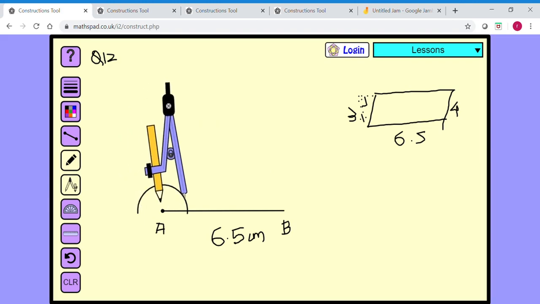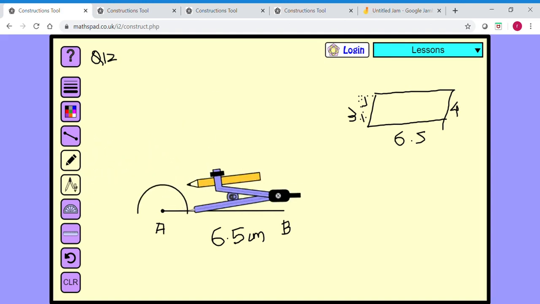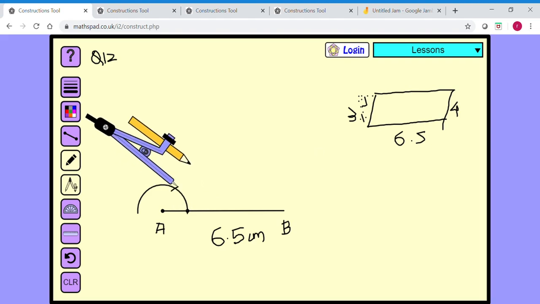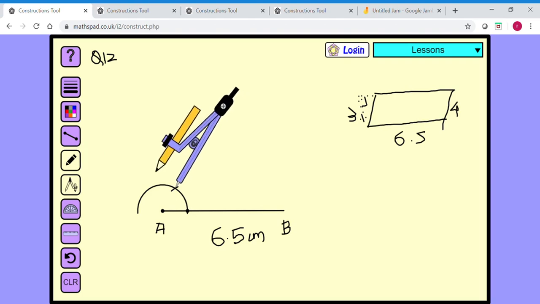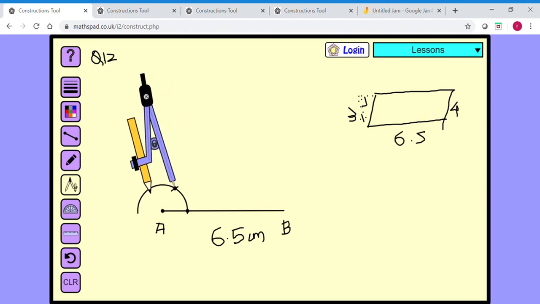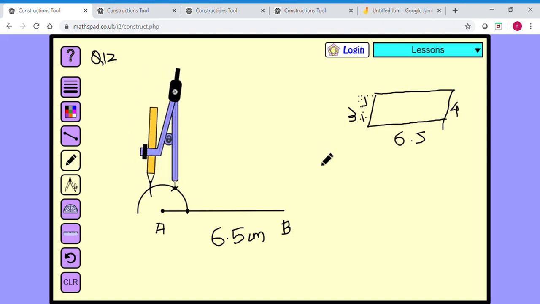Without changing the span, I keep it at the point where it intersects AB, and I mark my first angle, which is a 60-degree angle. So this is my 60-degree arc. I pick up my compass, keep it at the 60-degree mark, and again make the 120-degree mark. So this is where my 120-degree mark is.